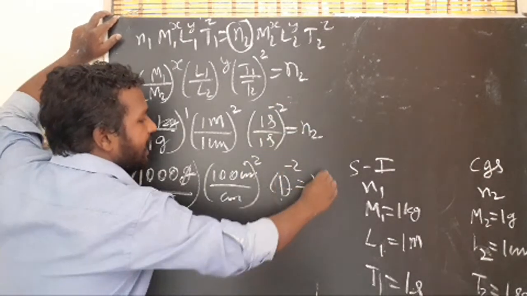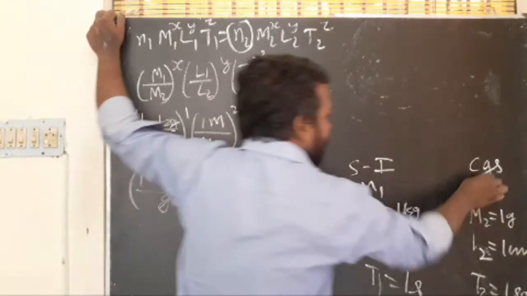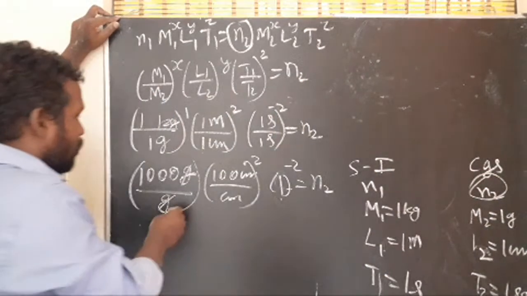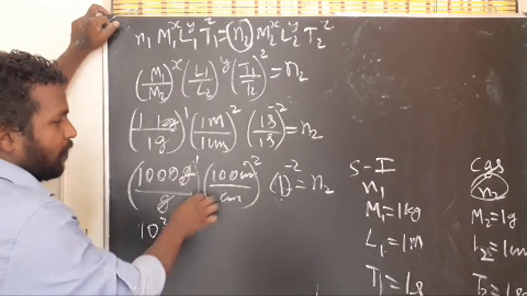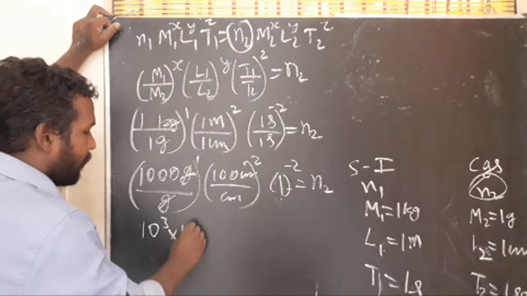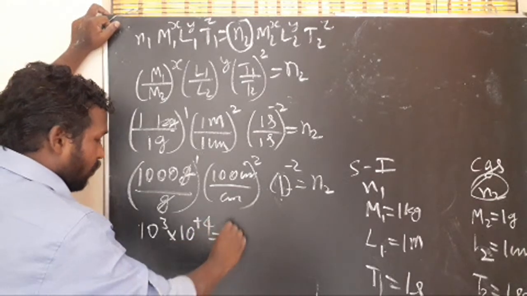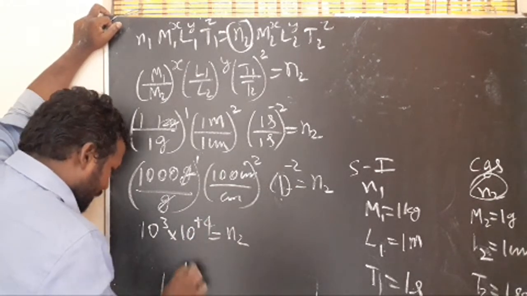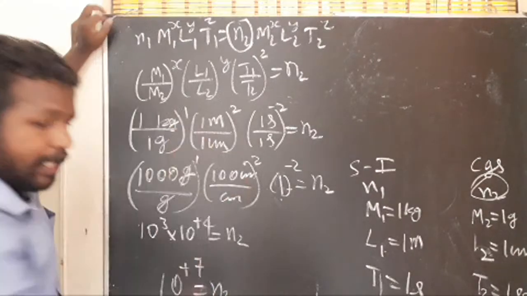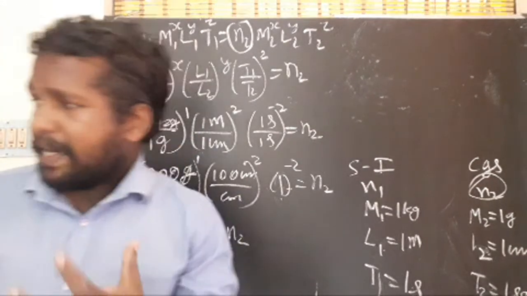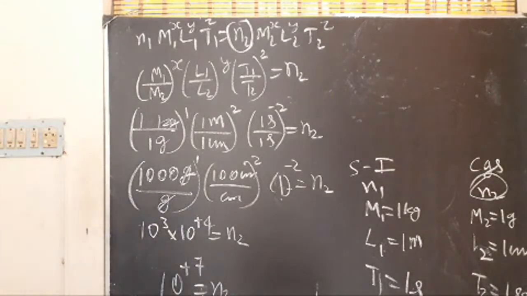We are calculating the second unit, this one, ERG. How many ERG? So we have 10 power 3, plus 3, because of 100 into 100 we will have 10 power plus 4, is equal to N2. That's going to be 10 power plus 7 is equal to N2. So as I already told you, 10 power plus 7 ERG is going to be 1 Joule.